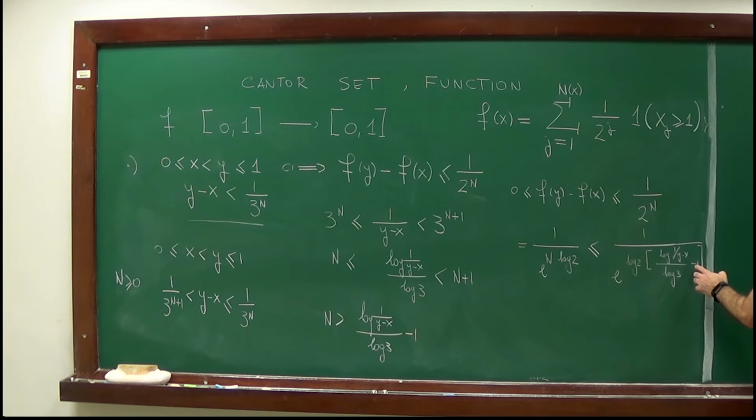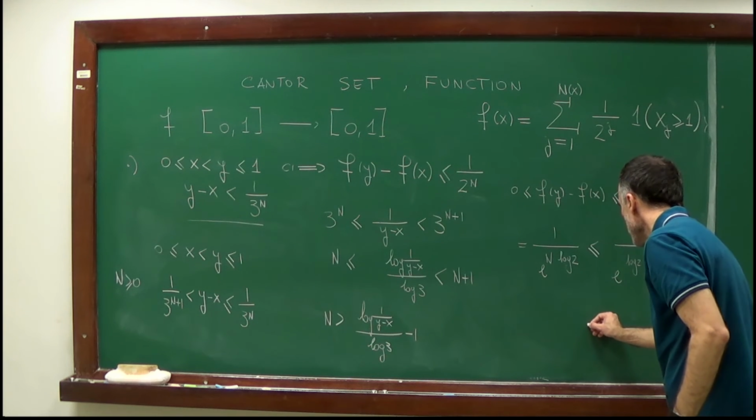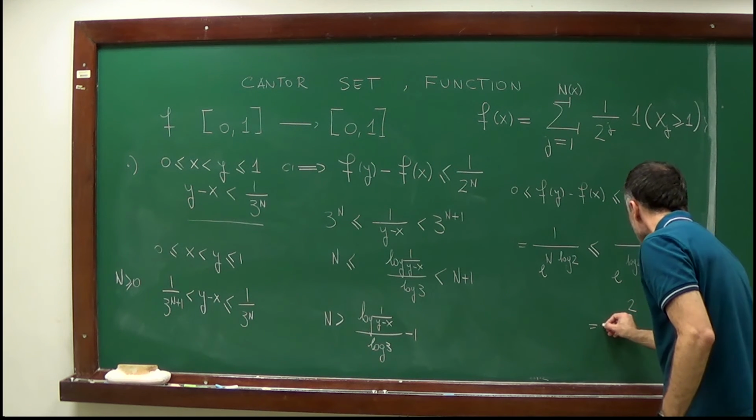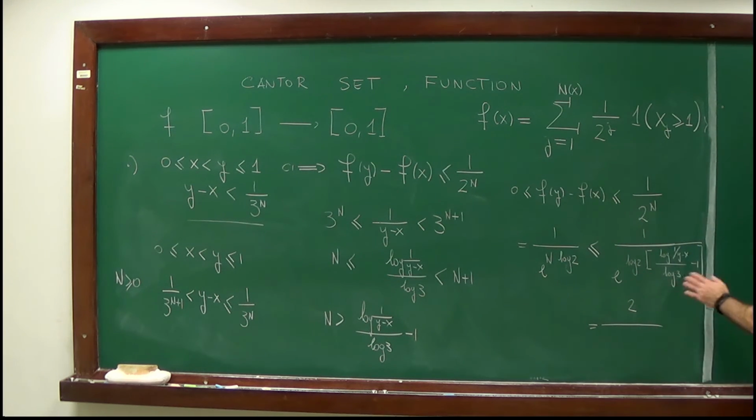So that will give me a log 2 with a minus. The exponential of log 2, it's 2 with a minus 1 over 2, so this is equal to 2. Then I have the exponential of the same expression without this minus 1. So I get, let me put log 2 divided by log 3 as a constant, put it inside this logarithm.